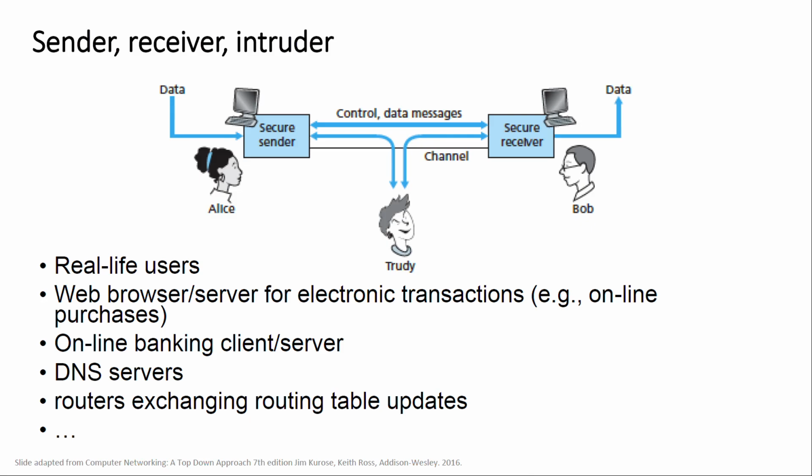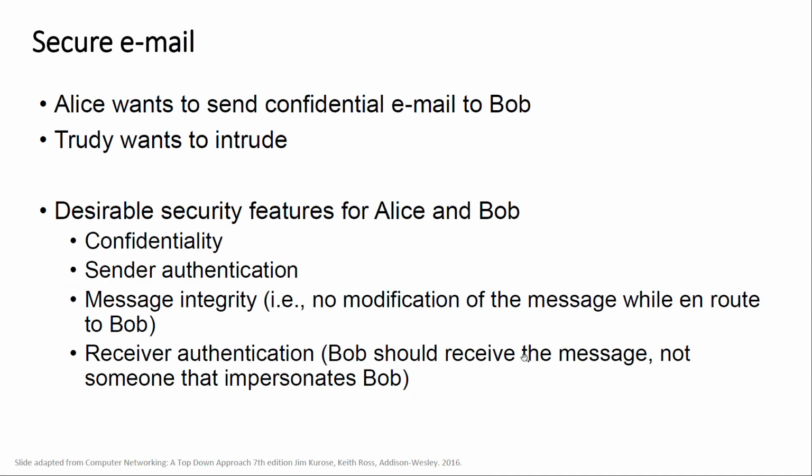But in real life we don't encrypt data by ourselves; we use electronic devices like web browsers and servers for electronic transactions and so on. The intruder also tries to attack online banking clients and servers, DNS servers, routers, and so on. So let's return to email.